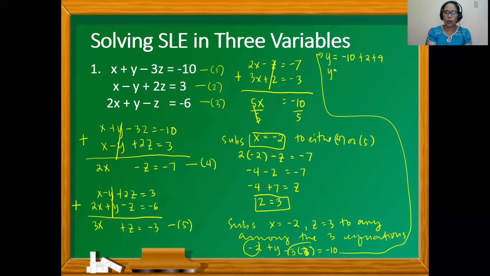So your y is equal to 11 minus 10, so 1. So the solution for this system is negative 2, 1, and 3. So x is negative 2, y is equal to 1, and z equals 3.